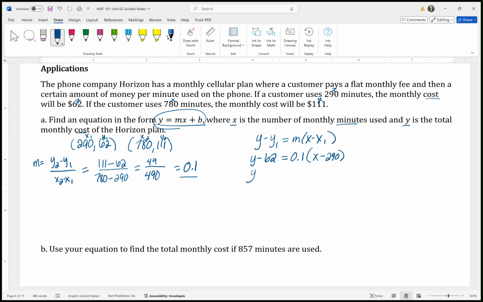So we've got y minus 62 equals 0.1x minus 0.1 times 290, which is 29. And lastly, we're going to add the 62 over. That gives us y equals 0.1x plus 33.